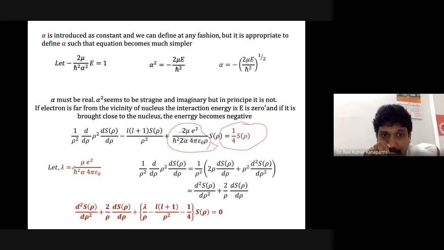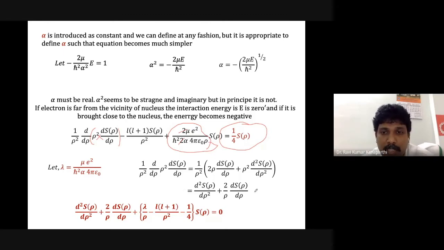Now we can also do a little bit of simplification. Here you can notice that this is a derivative of this quantity, right? It is actually a derivative with respect to rho, and there are two functions, rho square multiplied by dS of rho upon d rho. Like the derivative of a product, you know how to do it.